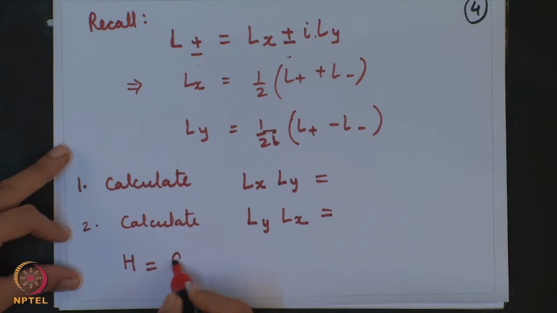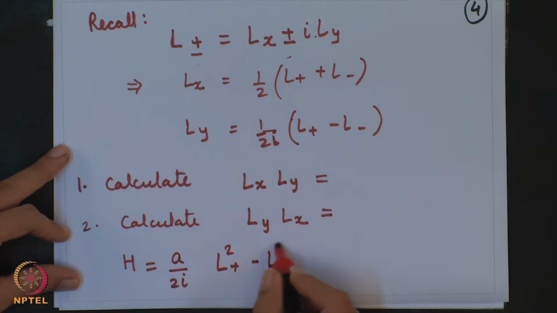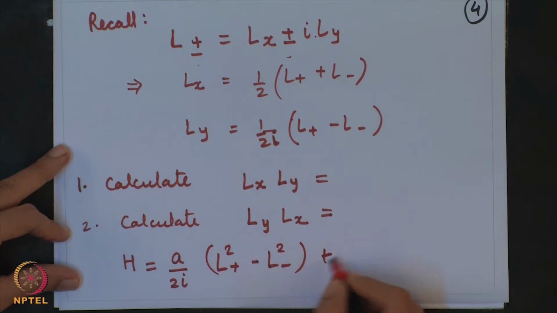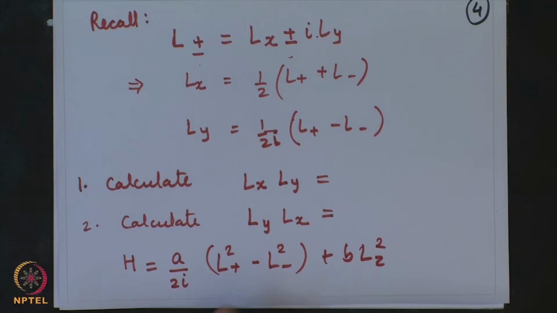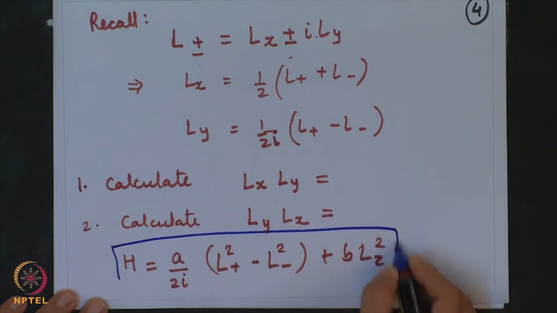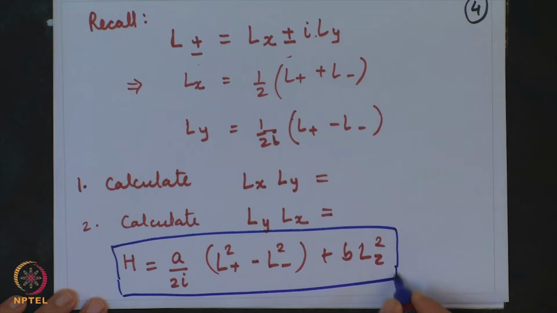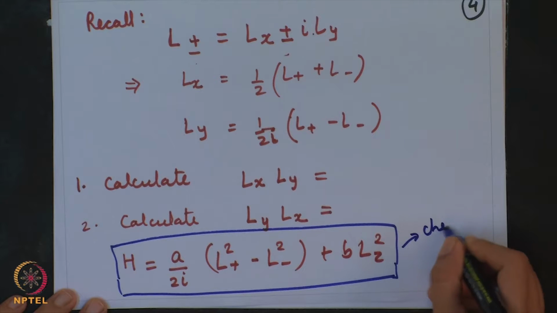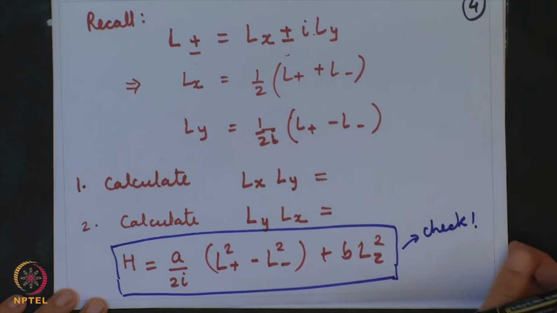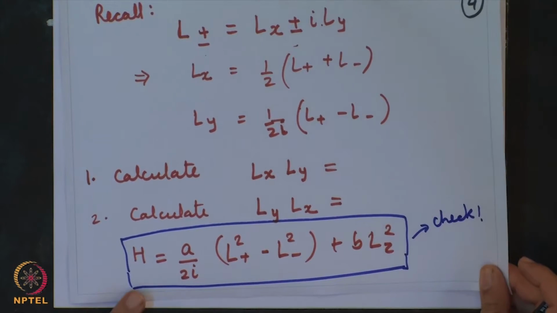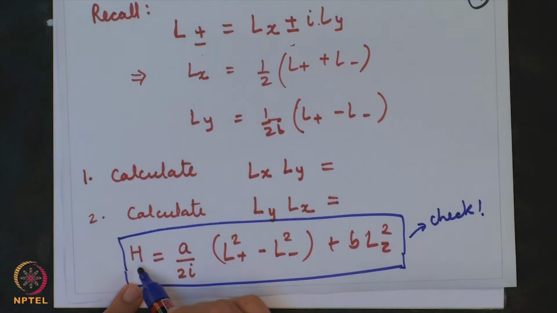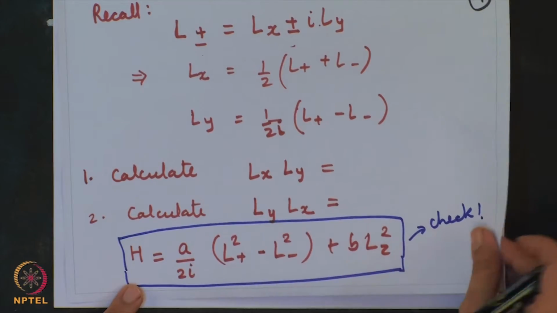So, what you get after doing all this, just check whether you are convinced with this result. You must check this result. And now you operate the Hamiltonian operator on the ket 1 0.